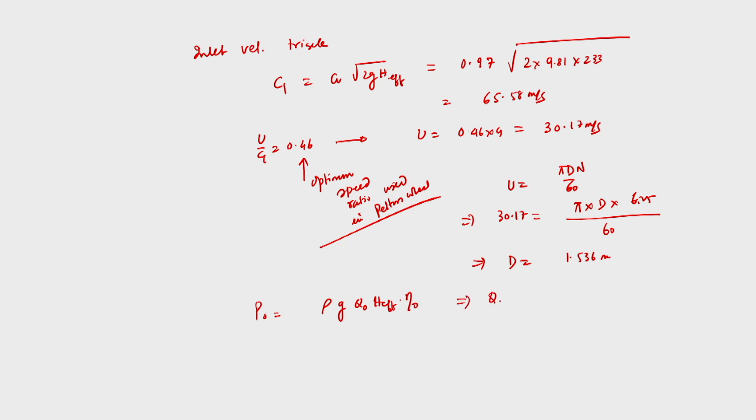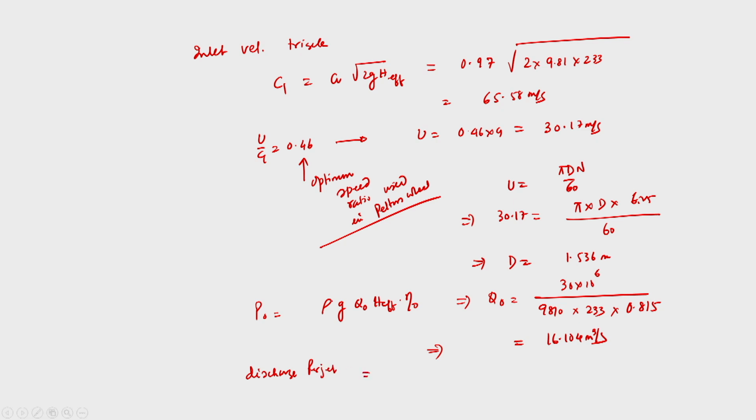So Q naught will be equal to 30 into 10 power 6, that is 30 megawatt, where rho is 9810 into 2 times 33 is H effective, and overall efficiency is given as 81.5%, that is 0.815. So from there we can calculate the flow rate, the discharge, that is equal to 16.104 meter cube per second.